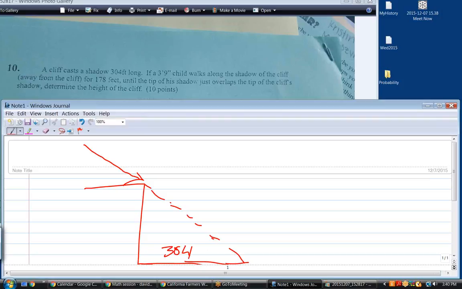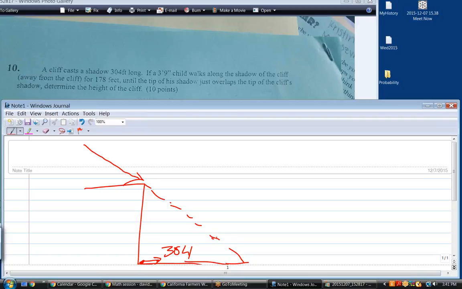If a 3'9" child walks along the shadow of the cliff, in other words, he's starting here and he's walking along in that direction, for 178 feet until the tip of his shadow just overlaps the tip of the cliff's shadow, determine the height of the cliff.